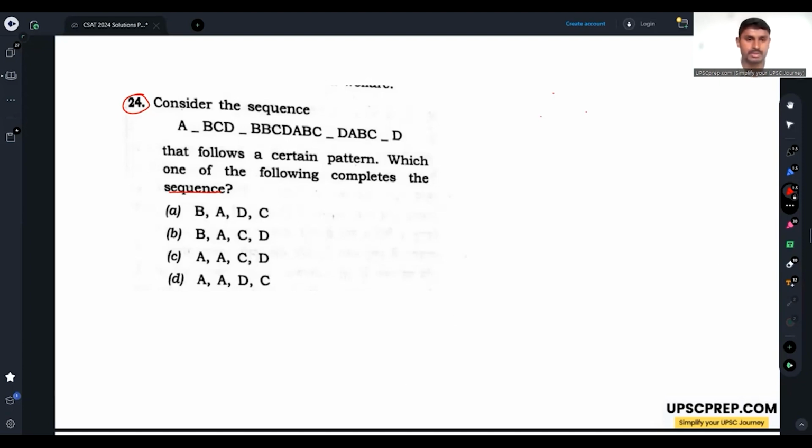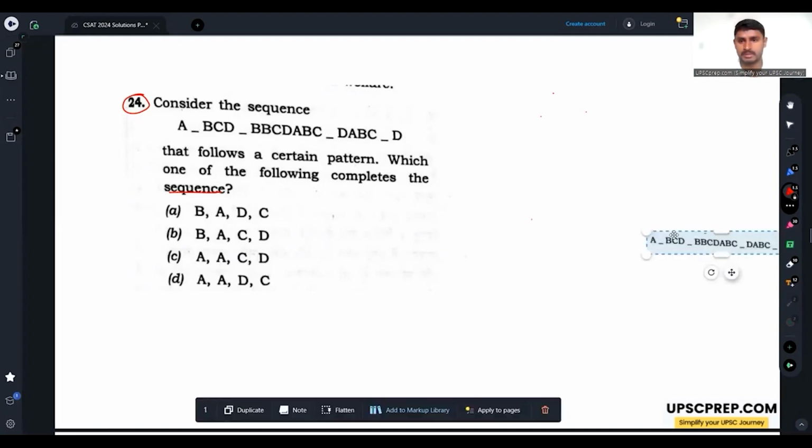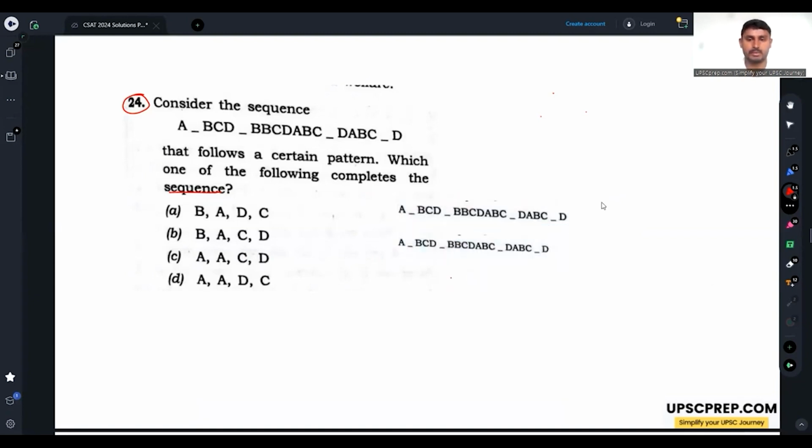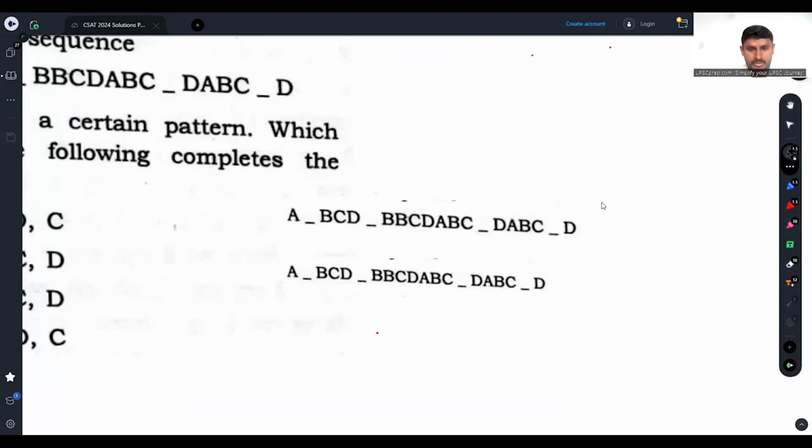See, how do you solve such questions? What you do is basically you just take this sequence. Okay, let's say I have copied it for 2 times. Okay, see now, यहाँ पे just observe the sequence, right? What is the sequence?